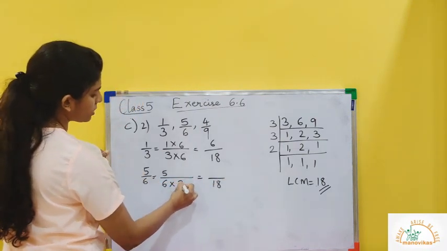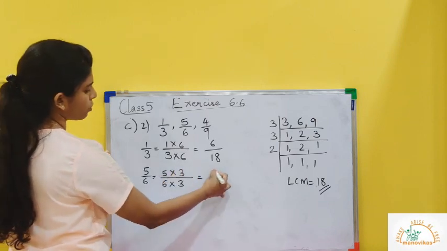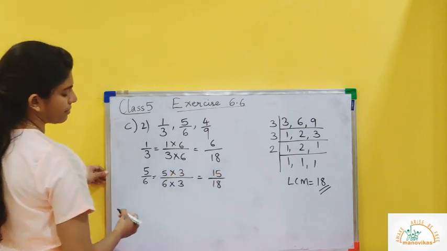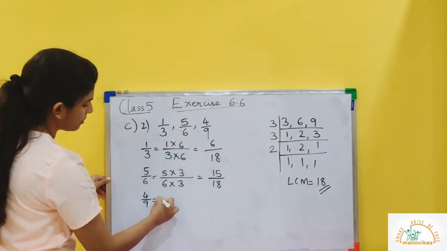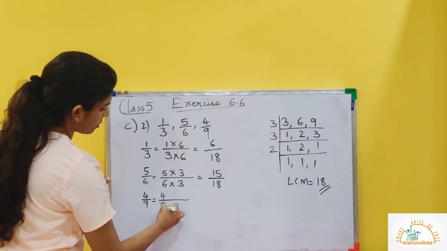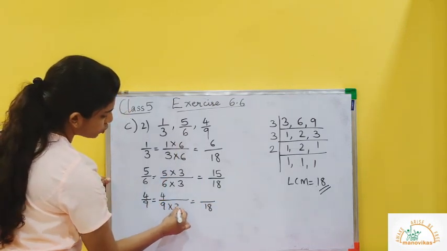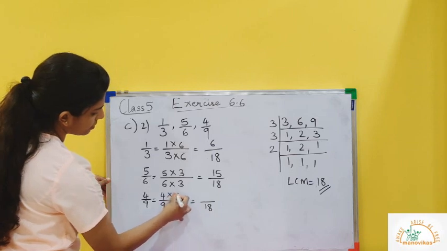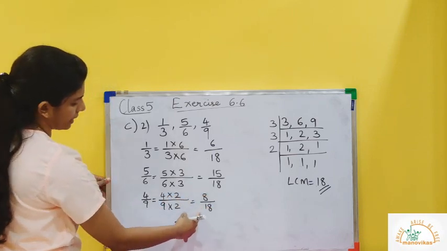So 6 into 3 will give me 18. Multiply it in the numerator. So 5 3s is 15. Next number is 4 upon 9. The denominator should be 18. Multiply by 2 will give me 18. 4 2s is 8. So 8 upon 18.